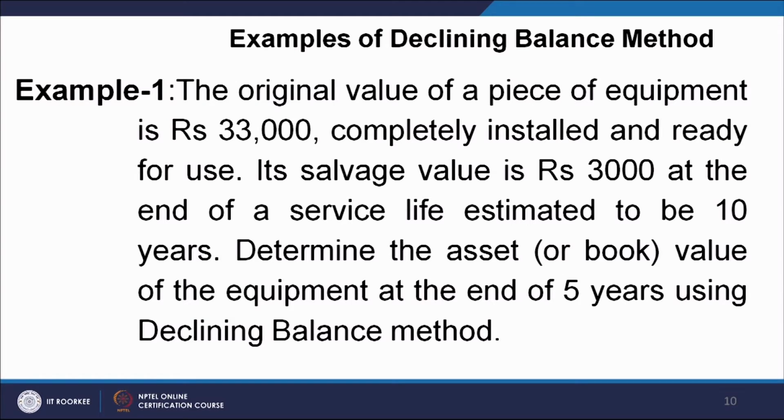Its salvage value is rupees 3,000 at the end of a service life estimated to be 10 years. Determine the asset or book value of the equipment at the end of the 5th year using the declining balance method.